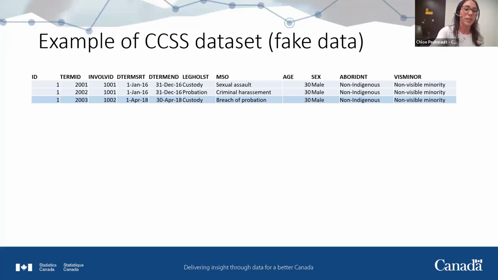So this person ID 1, you could actually link someone's court records with their correctional records as long as they were supervised in one of the 5 provinces for which we have correctional data.